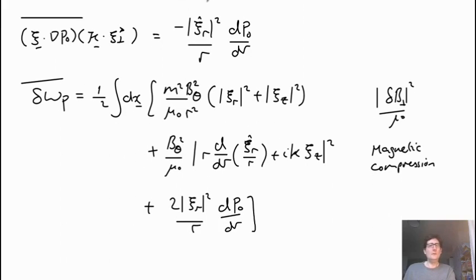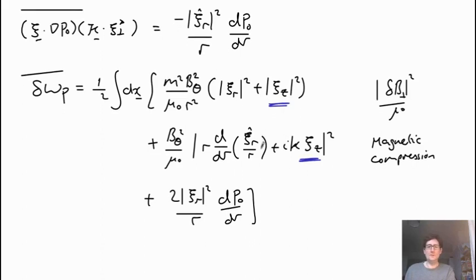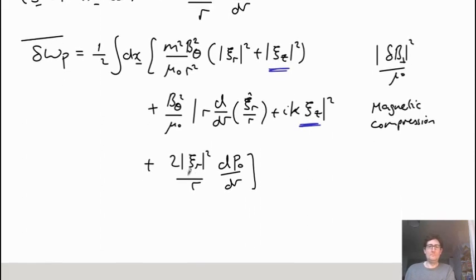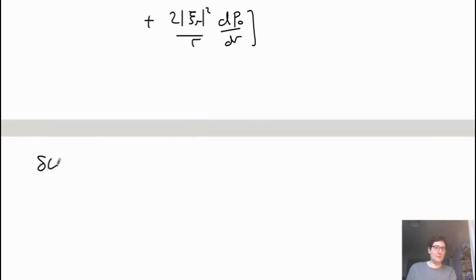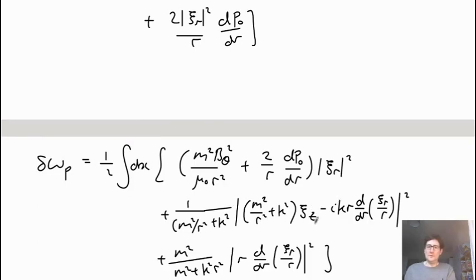And then the next step is to try and eliminate at least one of these displacements. So we have psi r in here, and we also have a psi z, here and here. The way to eliminate this is to combine them into a single expression, completing the square. What you end up with, if I write it out here, is an equation where you have delta W. And you can see where this comes from.